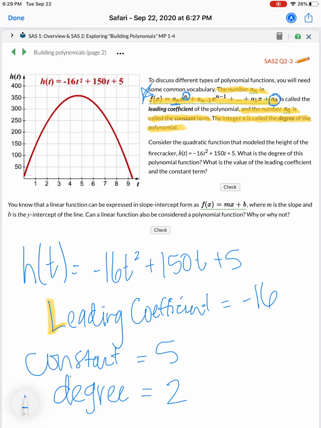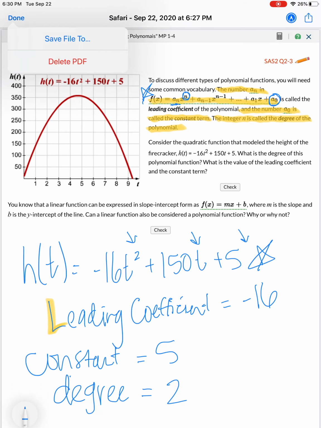So last week, I believe, 2 weeks ago, sometime, we learned n minus 1 was the recursive definition. So you see how in this equation, we started with a t squared right here. Then we went to just a t, and then we went to no t. So we always want to start with our highest power and work our way down, which is why it is subtracting 1 each time.